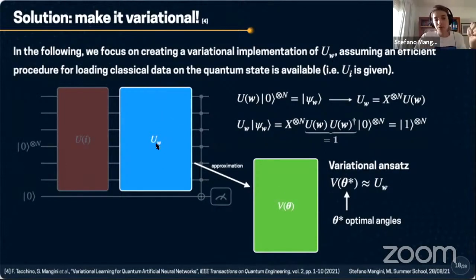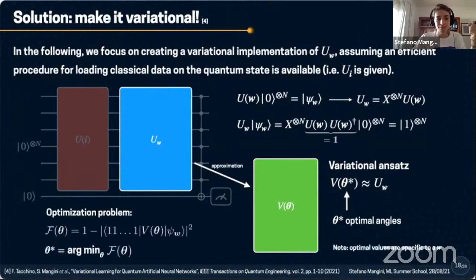We can do that by framing this whole problem as an optimization problem. We introduce a loss function, which will measure how close the green gate is with respect to the blue one, and we try to optimize the parameters inside the green gate in order to reach a good enough solution.